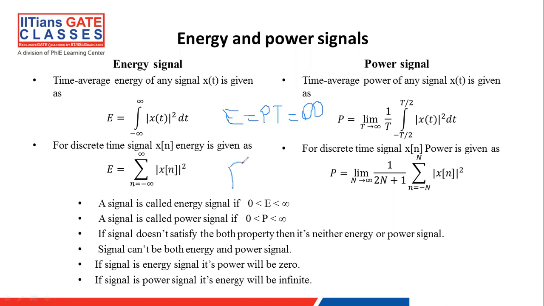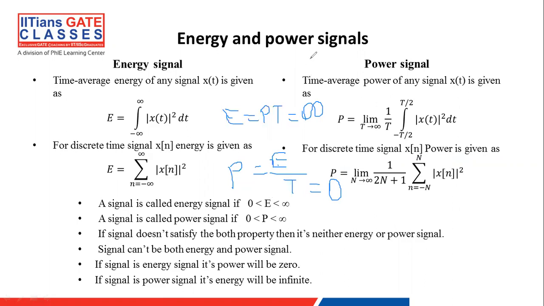And similarly, P can be given as E by t. Now let's say the signal is an energy signal. Since the signal is an energy signal, its energy will be less than infinity and greater than 0, so it will have some finite number. Now to calculate power, I will again put t tending to infinity, so the denominator will become infinity. So a finite number divided by infinity will become 0. That's why a signal which is an energy signal has power equal to 0, and a signal which is a power signal will have energy equal to infinity.